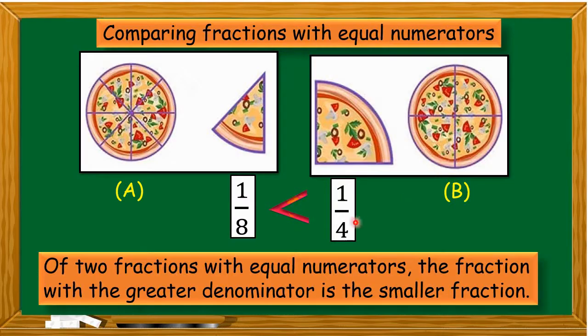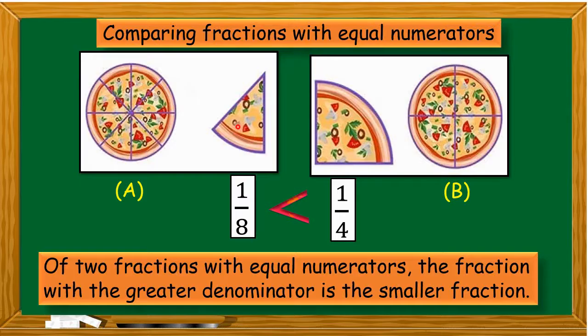Let us compare the size of each of these two pieces. You can see the size of this piece is smaller than the size of the pizza in figure B, because the pizza in figure A is divided into many parts, that is 8 parts. The size of one piece is smaller.